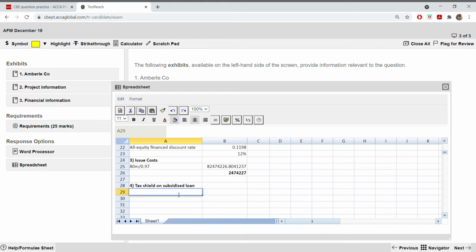So write it here, use annuity table. Use present value of an annuity.